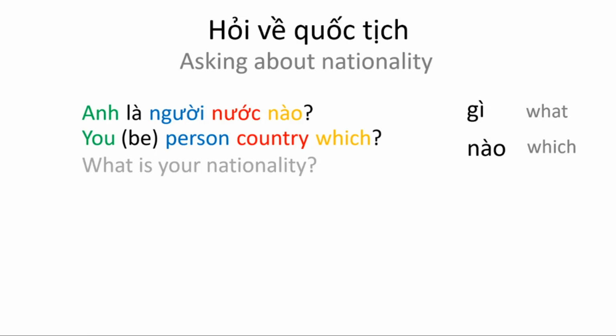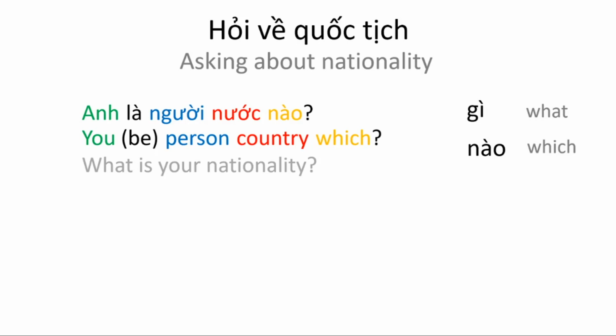And after what is your name, this is likely the second most common question you will be asked. And it's the Vietnamese equivalent of where are you from, which was how we would normally phrase this in English. Where are you from has a bit of a different meaning, which we'll look at a bit later.